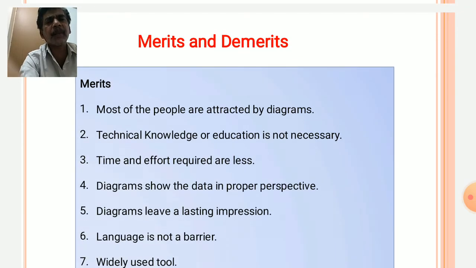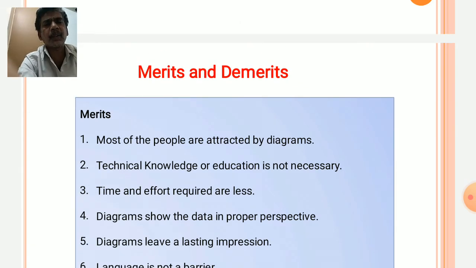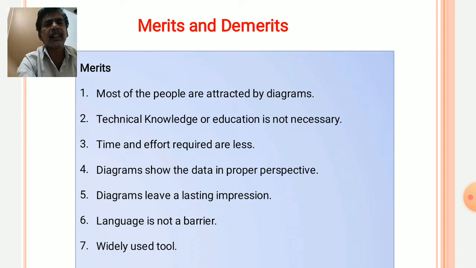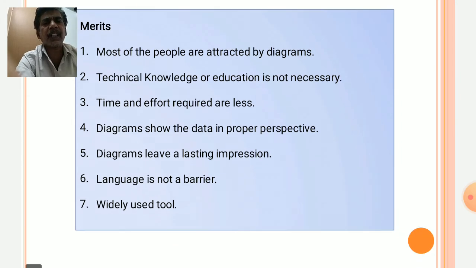Now, merits and demerits. Here we can point out some merits and demerits of diagrams by understanding the importance of diagrams. The first merit of the diagram is that most people are attracted by diagrams, and technical knowledge or education is not necessary.